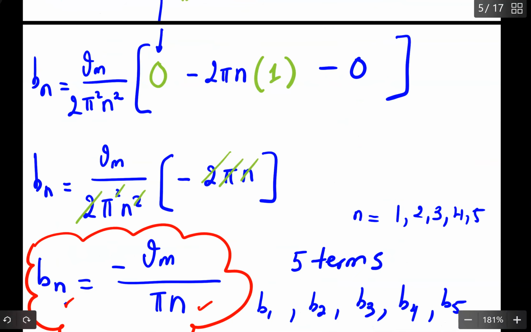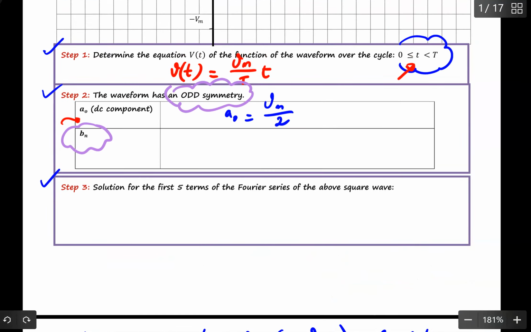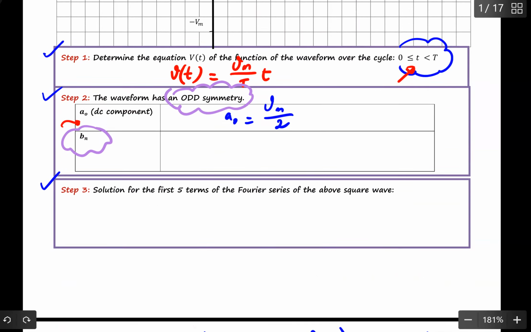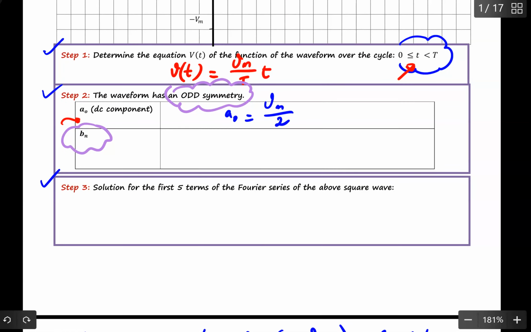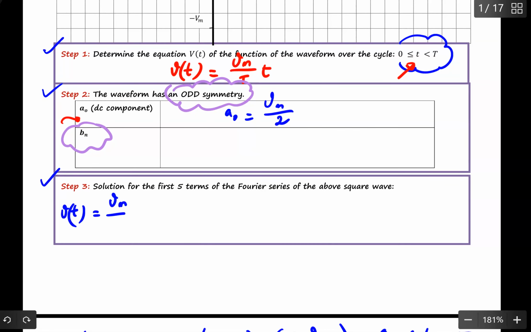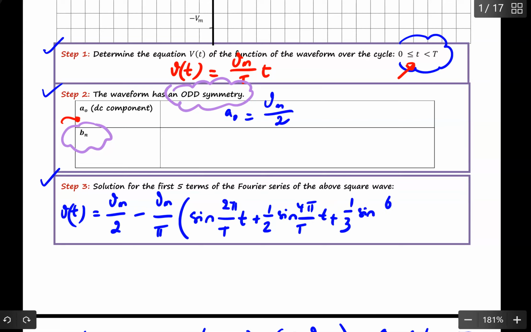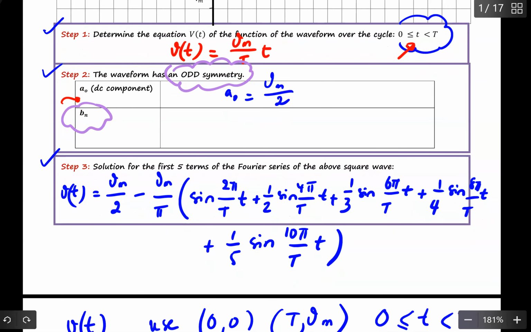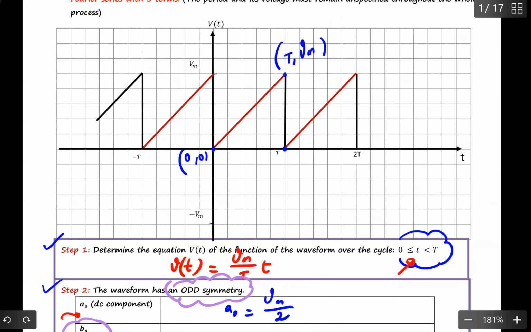Alright, so for this particular waveform that we have as a sawtooth wave, our Fourier series is equal to, I can write it here, Vt equal to Vm over 2 subtract V max over pi inside the bracket of sine 2 pi t over T plus a half sine of 4 pi t over T plus 1/3 sine of 6 pi t over T plus 1/4 sine of 8 pi t over T, plus 1/5 sine of 10 pi t over T. Alright, so this is actually the Fourier series for this sawtooth wave.